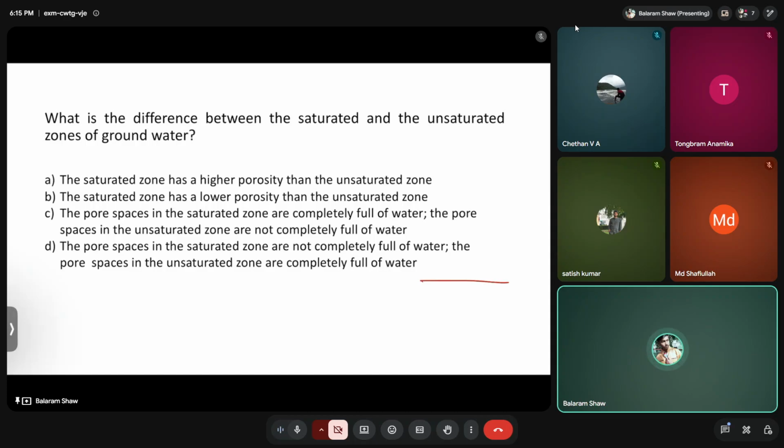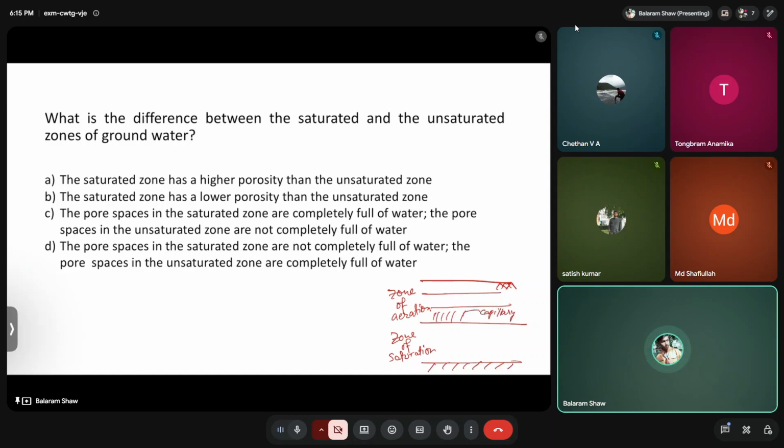Just to remind you, let's say this is the ground surface. We mostly divide it into two layers. One is the zone of aeration, which we mostly call the unsaturated zone, and the second one is the zone of saturation, right? Here we discussed three layers, the soil layer, then the intermediate layer, and this one will be the capillary fringe.